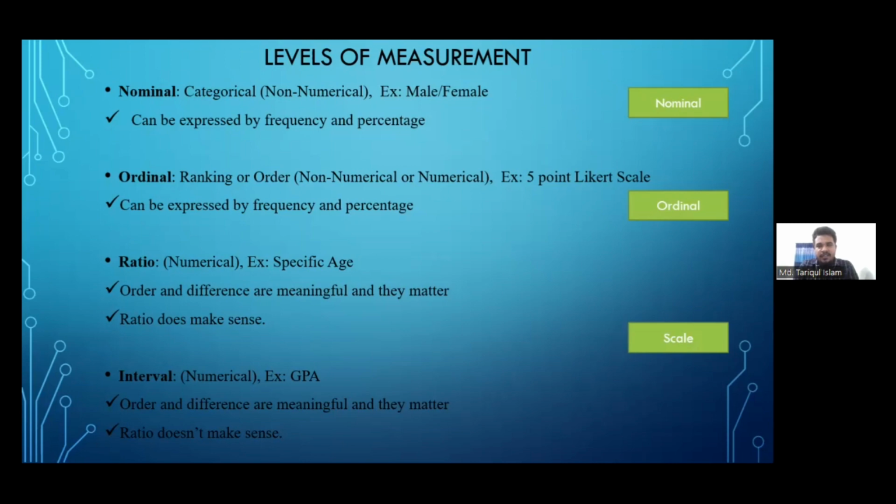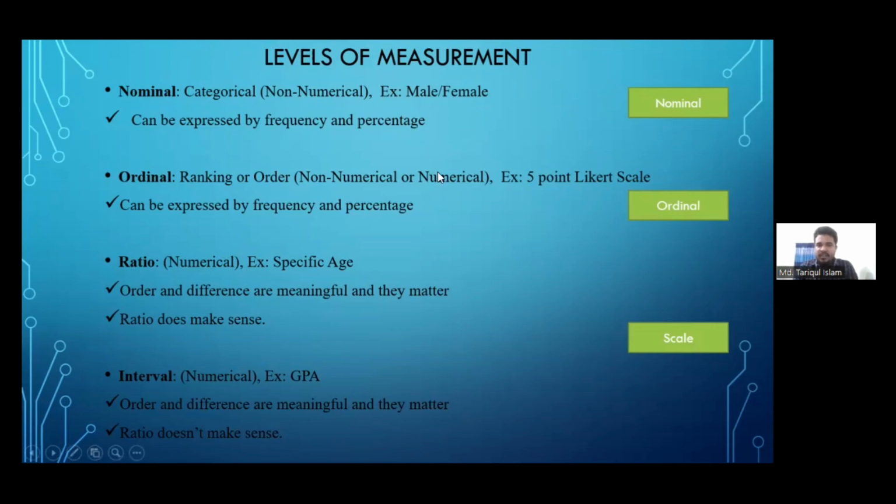We can express it in a numeric way, giving the value 1 for male and 2 for female, but it doesn't make any sense. So nominal measurements are categorical.